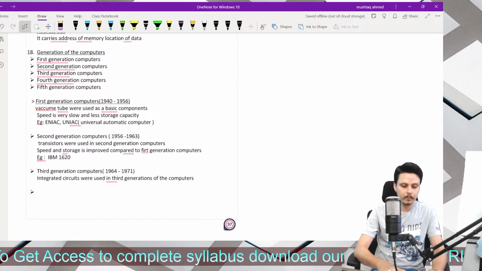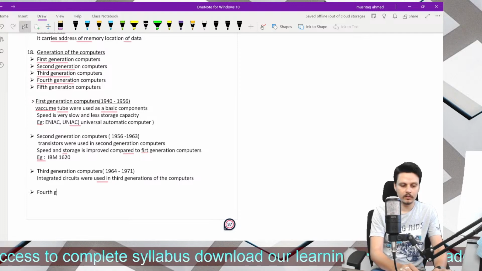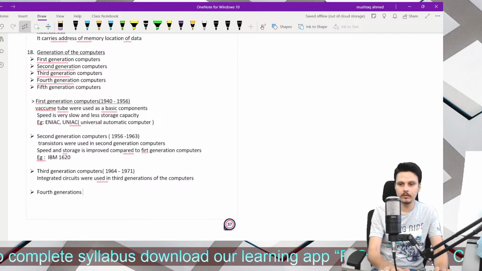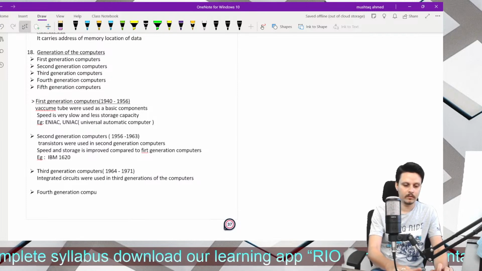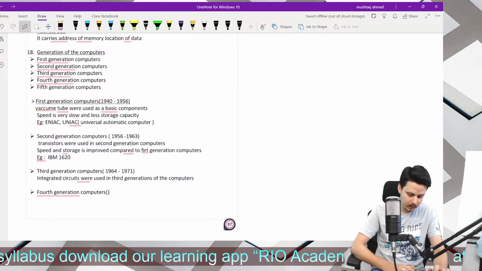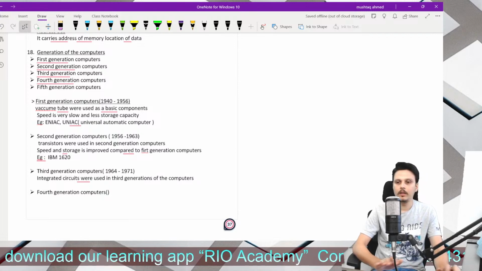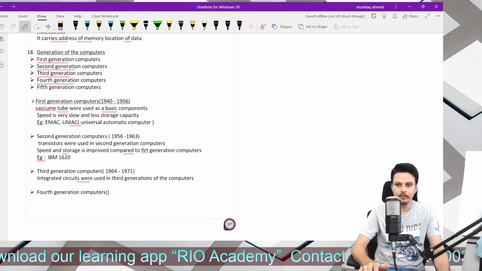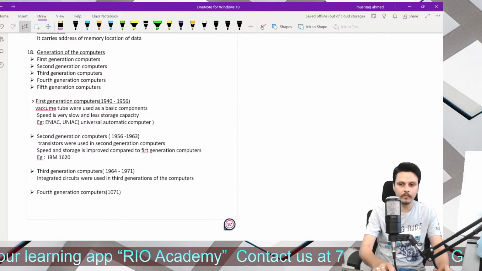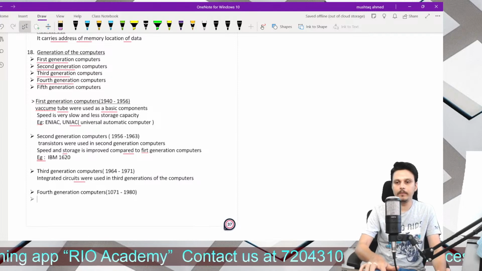Fourth generation of the computer. Fourth generation computers started in 1971 to 1980.